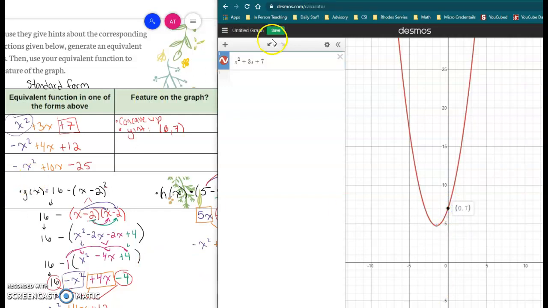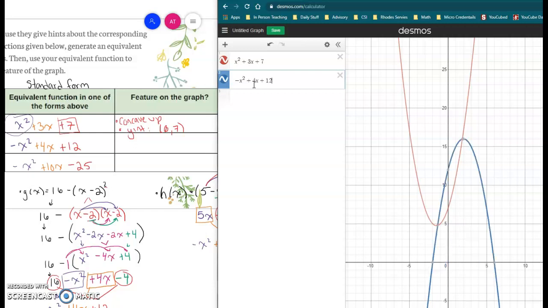So now look at the second one here. Do you think that's going to be concave down or concave up? Well, the negative sign in front of it tells us that it's going to be down. And it's going to hit the y-axis at a positive 12. So I know that this is concave down.